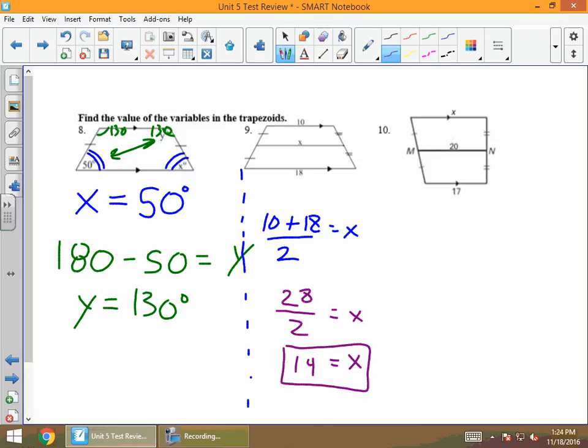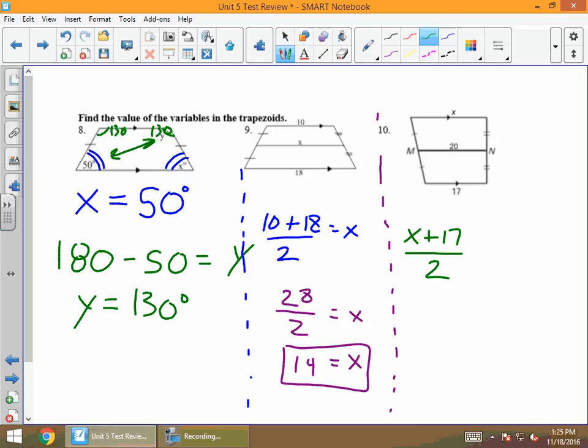Okay. For 10, it's that same kind of concept. We have a middle line, we have that mid-segment, we have that median. To find x, we use that same process. You add the top and the bottom. X just happens to be in the top. And divide by 2.